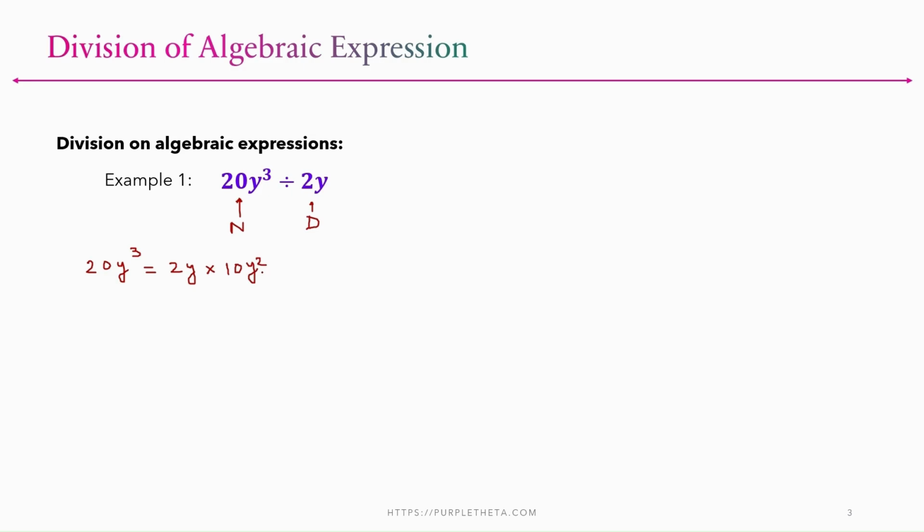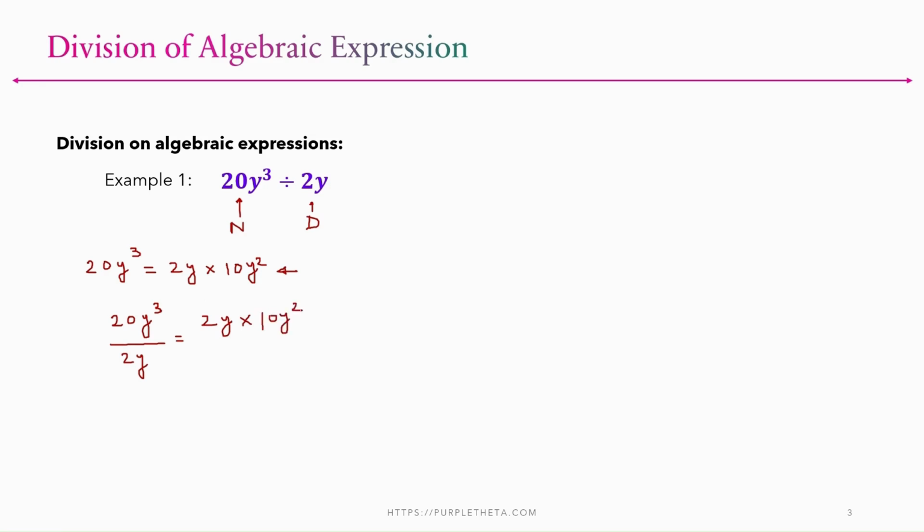So now let us write it in division form, that is in numerator and denominator form. So 20y cube we have at the numerator's place and 2y we have at the denominator's place, right?